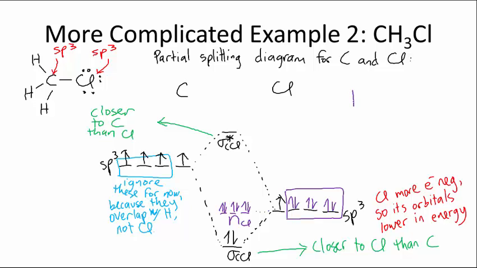N equals non-bonding. Another way to designate them would just be to say chlorine lone pairs. So sometimes you'll see them just called ClLP for chlorine lone pair. But when you have orbitals that don't overlap with anything, those just stay right in the middle.